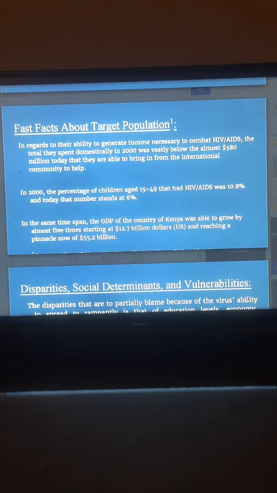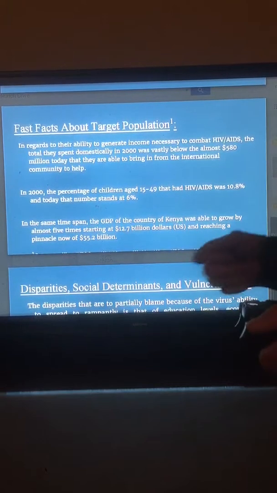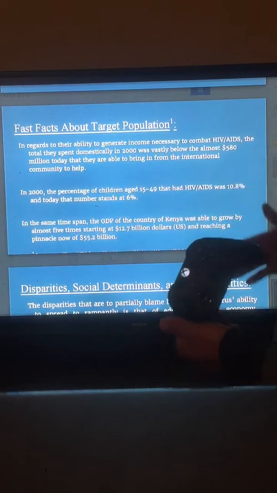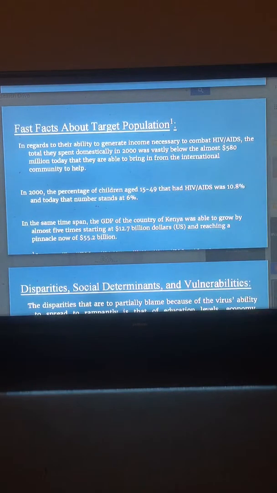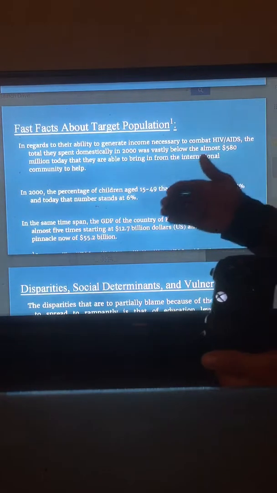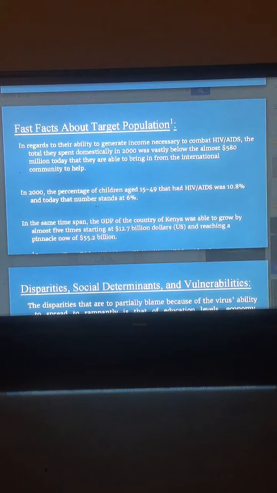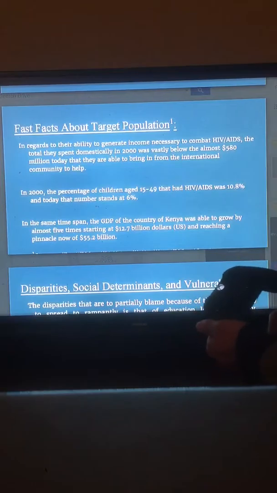So you can see that by having that expansive economy, they were able to utilize the funds that they were bringing in by growing as a country to help combat some of the spread of AIDS, but there were still different steps and measures that I believe could have been done differently to make this number even smaller than where it's at.